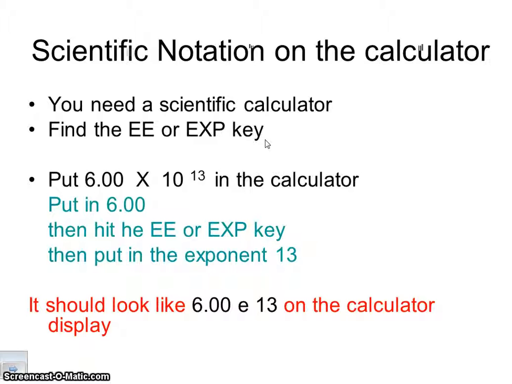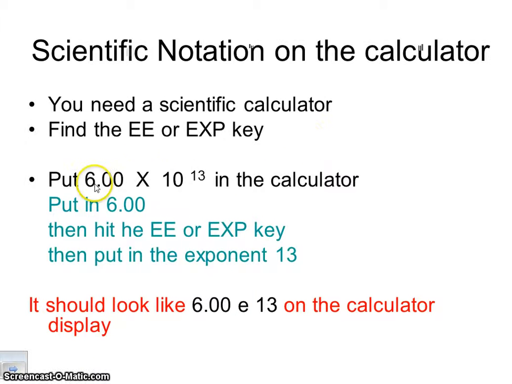Then you usually have a button in the upper left hand corner or at the top of the calculator that is in a certain color, and they match. So if you want to get to that particular colored symbol, EE or EXP, they're going to match that key up on top. It might say second, mode, or inverse. It has a variety of things that you might find on a calculator.